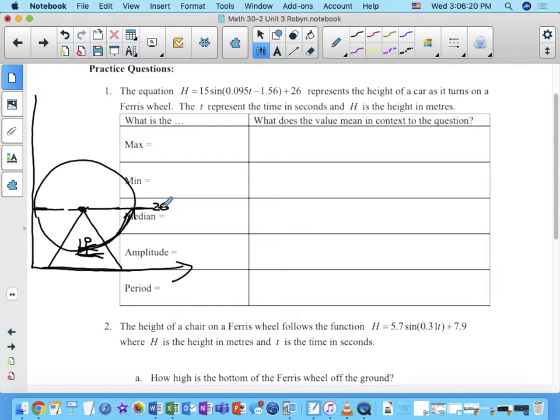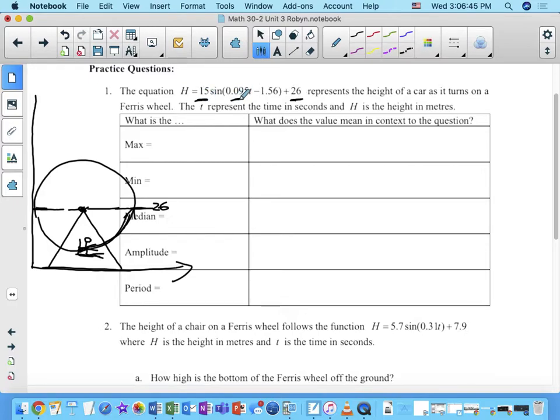So when I'm doing these, by the way, I don't tend to go according to the chart. I look at the equation, and we can graph this too, and maybe we'll look at this one on a graphing calculator to see what it looks like. I just pick apart, okay, what does this tell me? And I tend to start with the median. That's just my personal style. What does this tell me? And what does this tell me?